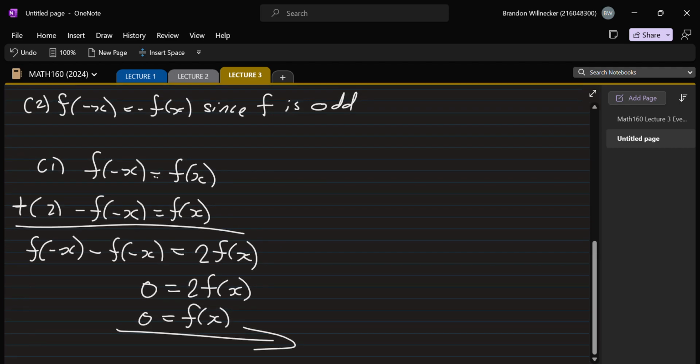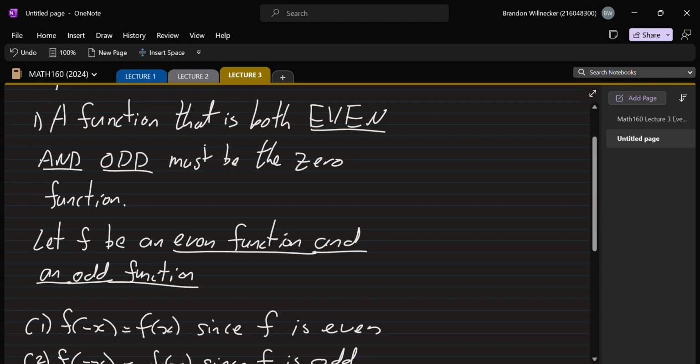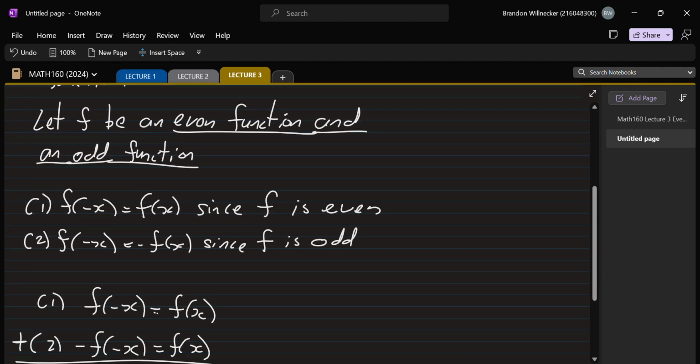Okay, any questions on this? Yes? The definition part. Okay, here. So the beginning said that a function is even and odd. So here, the first stage there, we know that f of minus x equals f of x, that's the definition for even, and then f of minus x equals minus f of x, that's the definition for odd.